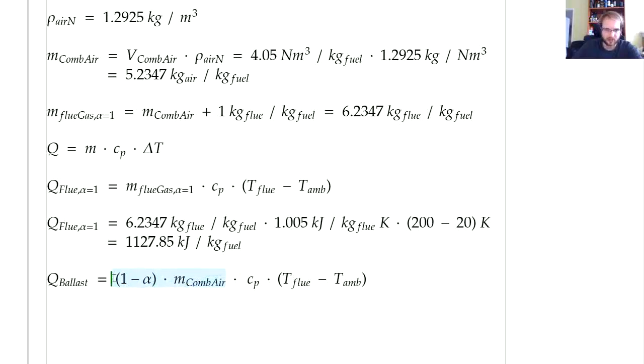So this member is the mass of the ballast air from the air excess. There is not the fuel anymore.